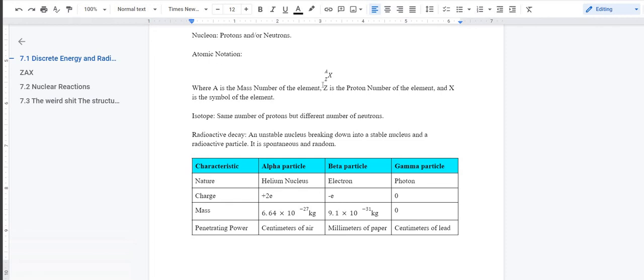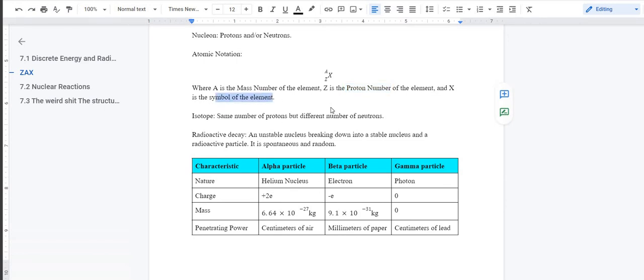Then the atomic notation. When you write out an element or an atom, you give it in this form over here, A Z X, where A is the mass number, which is the sum of the number of protons and neutrons present in the nucleus. Z is the proton number, which is the number of protons present in the nucleus, and X is the symbol of the element.